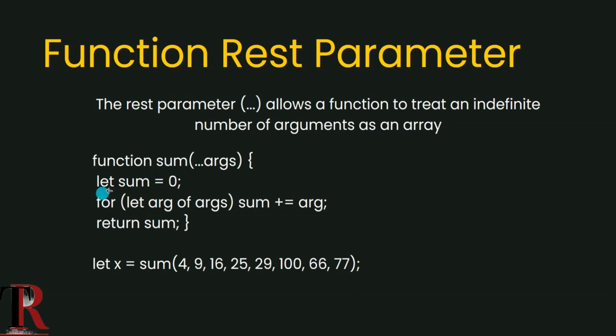This is an example that sets a sum to 0 and then iterates, that means it loops using a for loop over this particular argument, and then it assigns the result of that function invocation to a variable in order to get the correct output, as you can see.